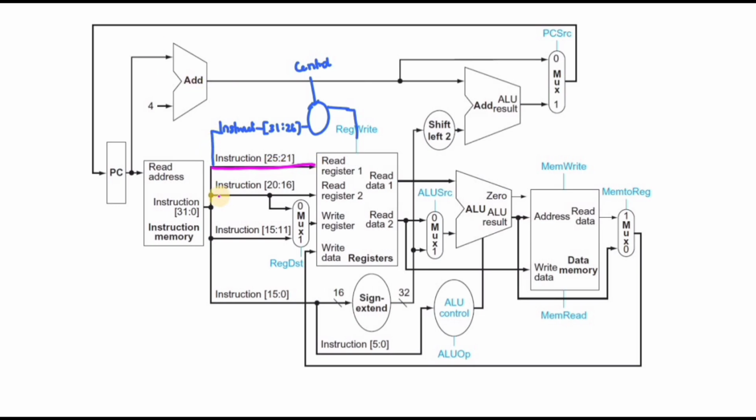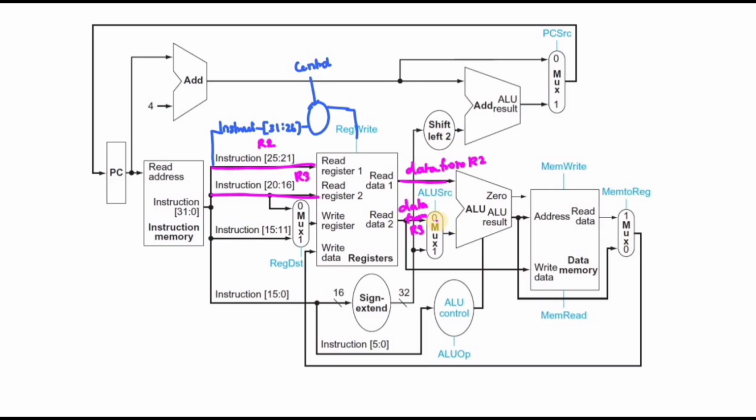Once the instruction is fetched, it goes to the register file, to read register 1 and read register 2, and the data from them comes out as read data 1 and read data 2.